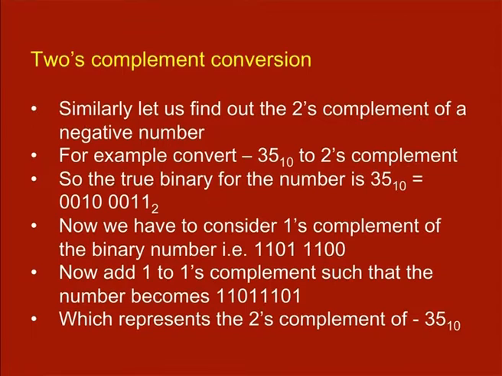The 1's complement is the complementary number that one can get from the true binary number of 35, and that is 11011100. Now, add 1 to the 1's complement such that the number becomes 11011101, and this represents the 2's complement of minus 35, because there is a 1 at the beginning, and that gives the idea that this represents a negative number.